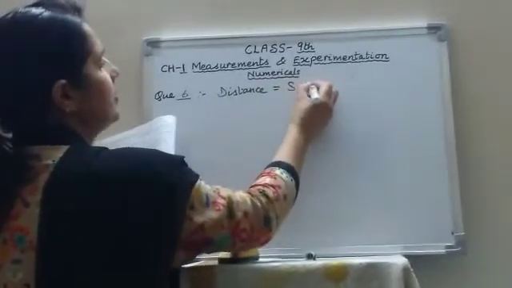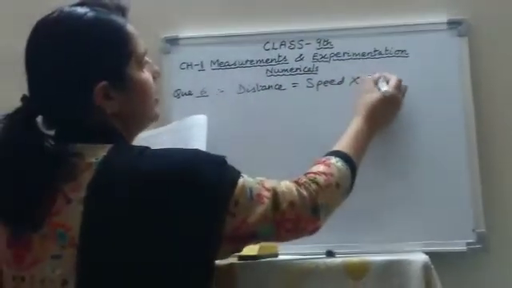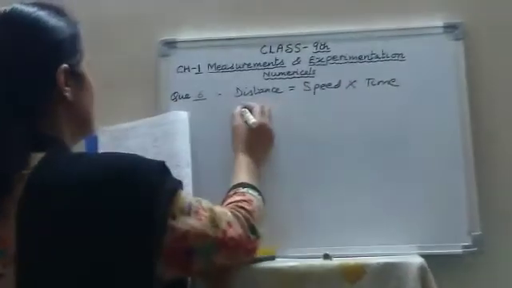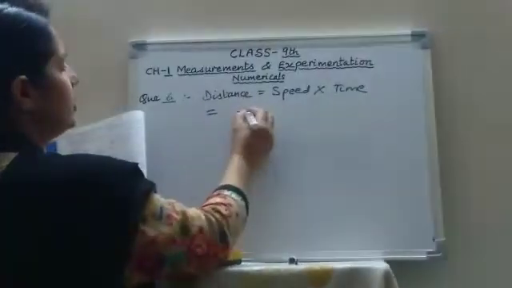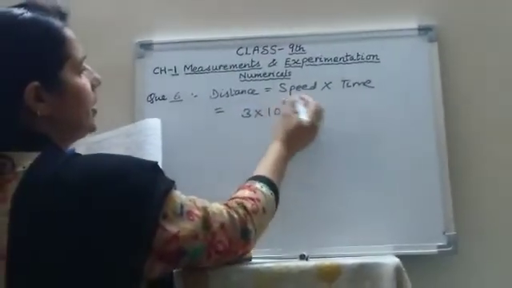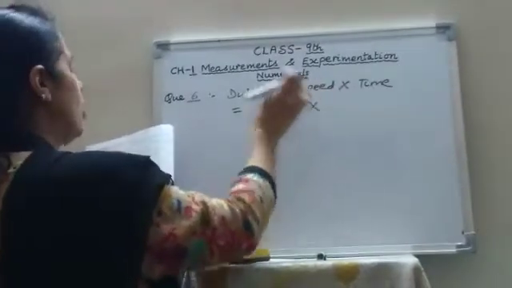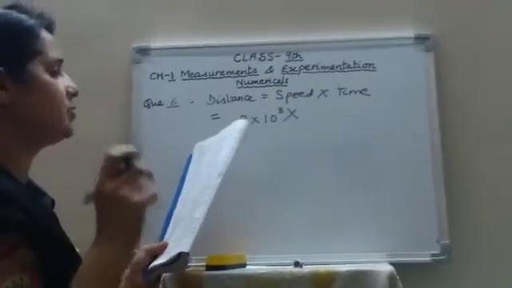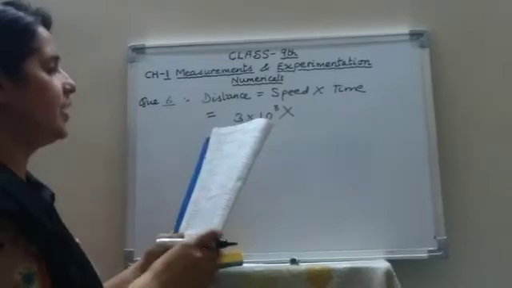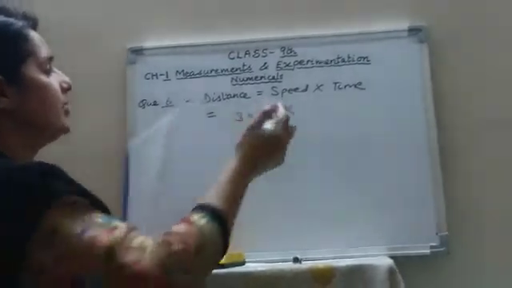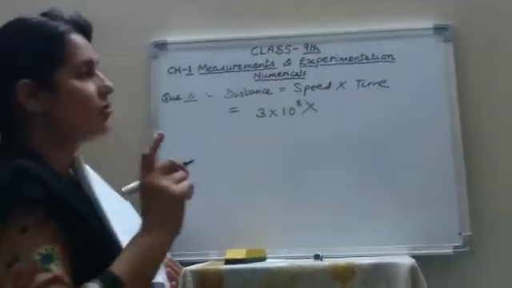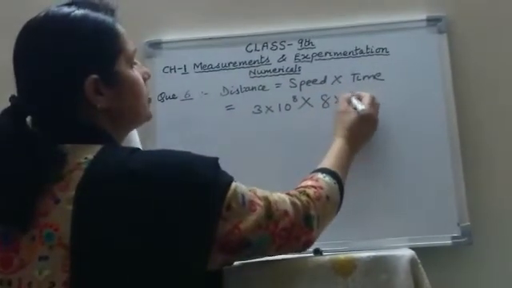Speed multiplied by time. So what is the speed of light? 3 into 10 to the power 8 meter per second. And how much time is the light taking to reach the earth from the sun? 8 minutes. But speed we are taking in meter per second, so you have to convert the time in second. So 8 into 60.